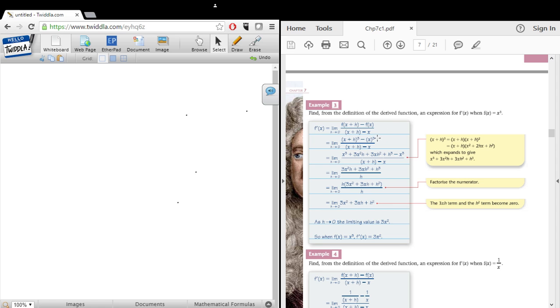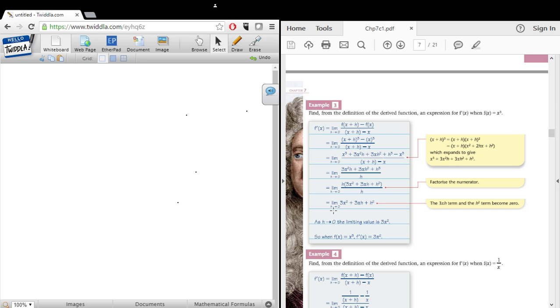They've substituted x cubed in for f(x), carried out the expansion as normal, then taken away the x and left h on the denominator. On top they've simplified, factorized the numerator, and cancelled the h's, so the denominator is just 1.